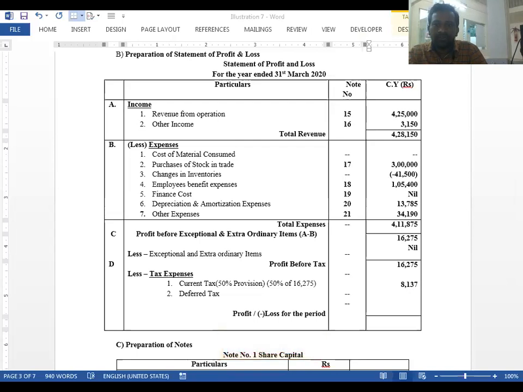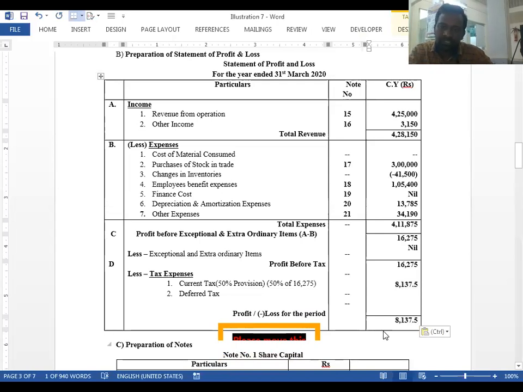And 16,275 minus 8,137.5 gives the same amount, 8,137.5. Very good. This is the profit for the period. Profit for the period, not loss.